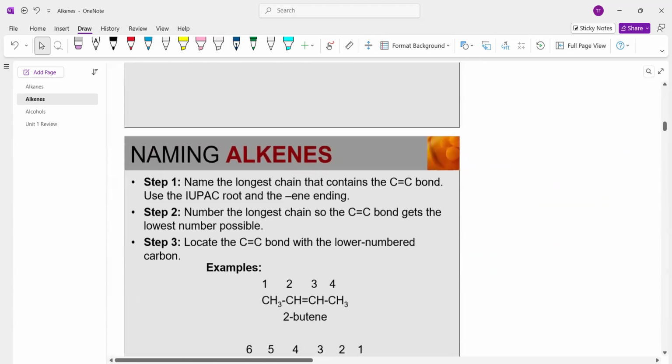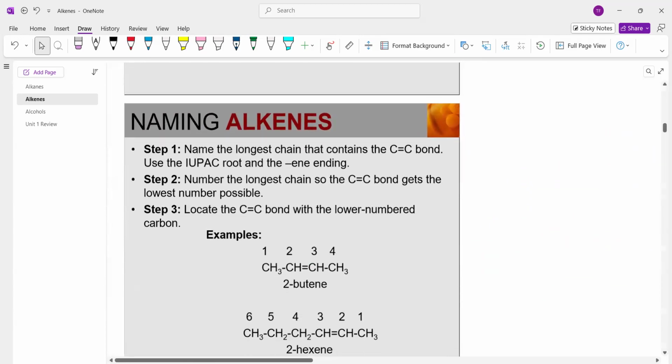Okay. So step one is to identify the carbon backbone. That, again, is the longest chain that includes the functional group. Now, the functional group with alkenes is the double bond.